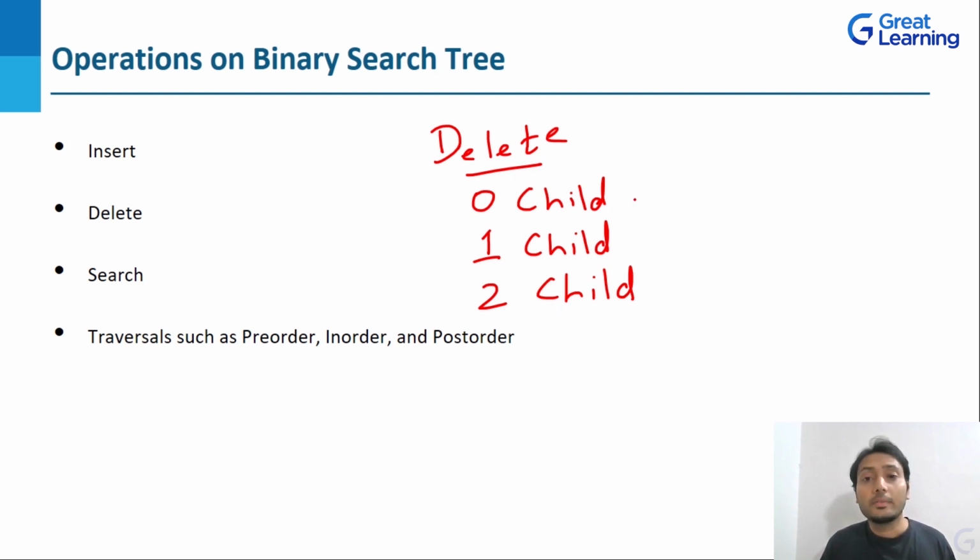A node with zero children is no problem, you can simply delete that node. When you have one child, this also will not cause much issue, because you just delete that node and remove the link. Now the problem is that you have to be very careful when you're trying to delete a node with two children. You have to think about which should be the next parent node or the root node.